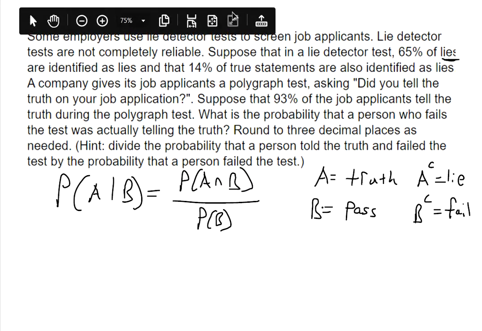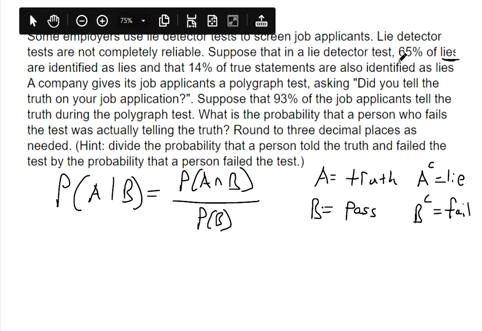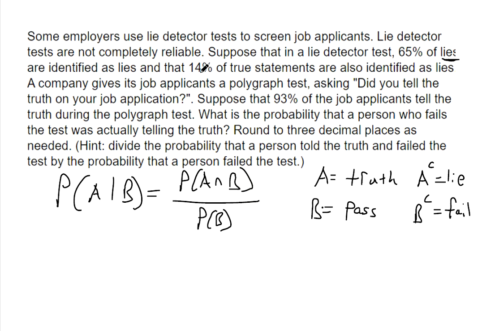So let's go through the word problem, take the sentences, and convert them into some symbols or maybe some equations to help us solve. Suppose that in a lie detector test, 65% of lies are identified as lies. So we sent somebody in. We said, you're going to go lie to this lie detector test. That's information that we know.